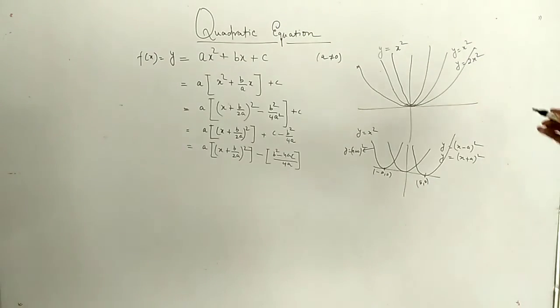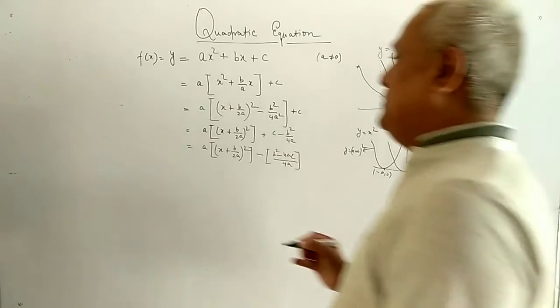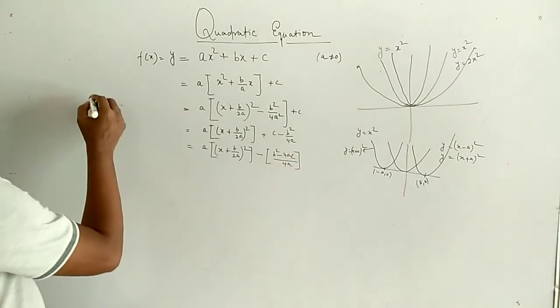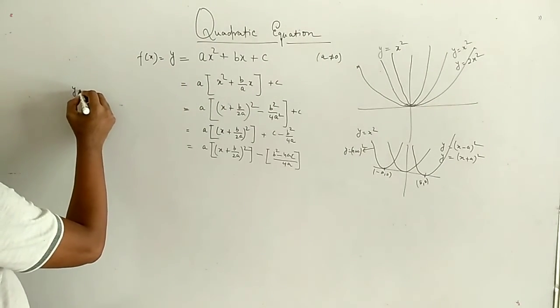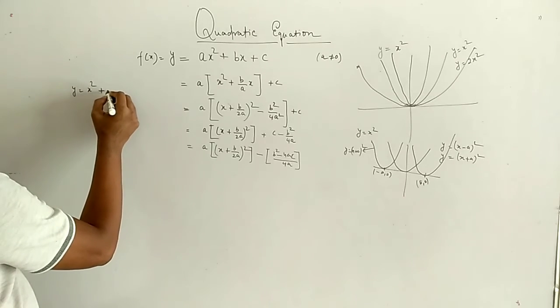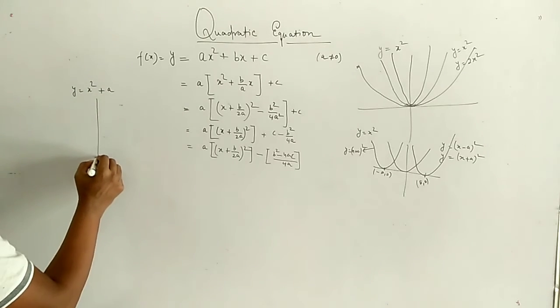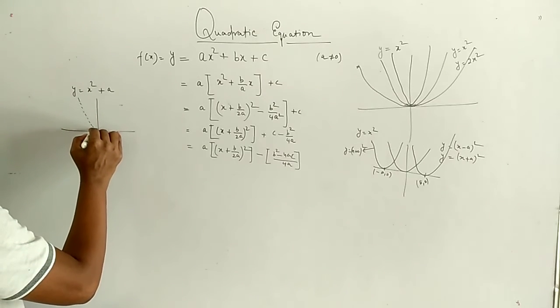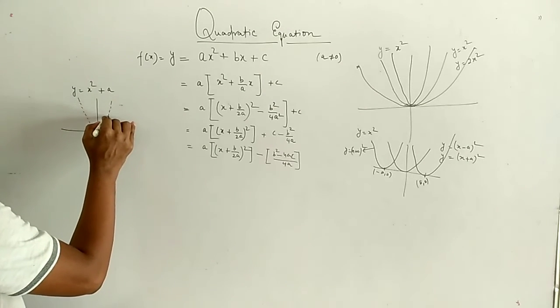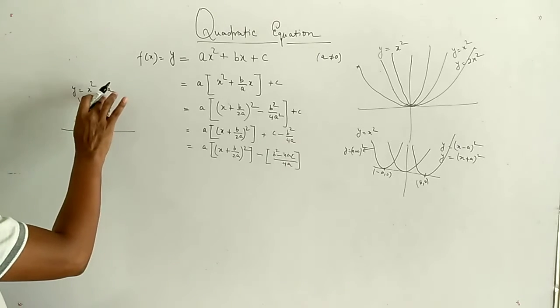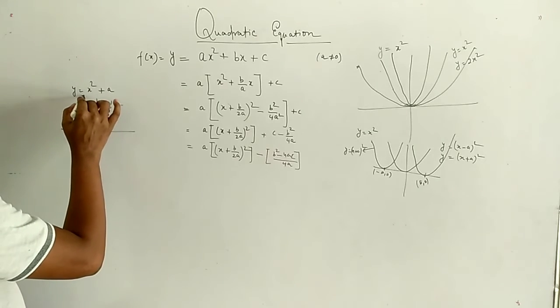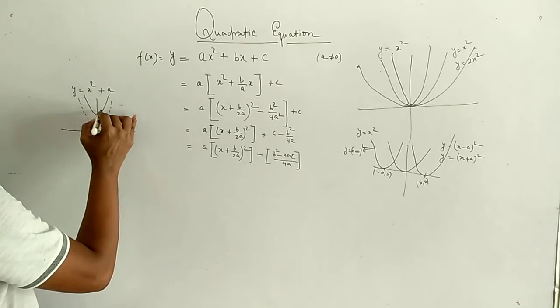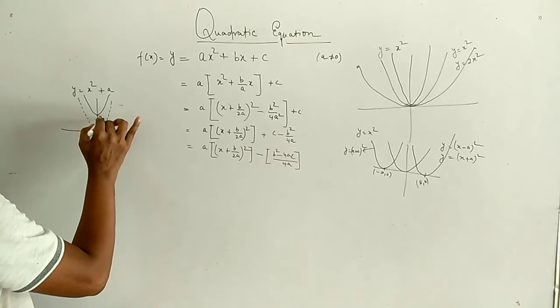Now if you have another form, suppose y equal to x square plus something, then your graph, this dotted line is my y equal to x square, and here it is plus a, it means the graph simply goes up, and this point is 0 comma a.